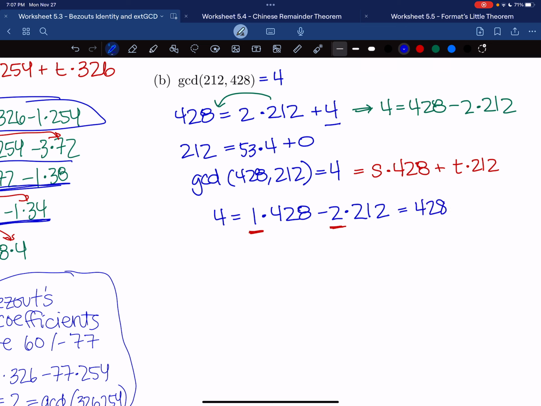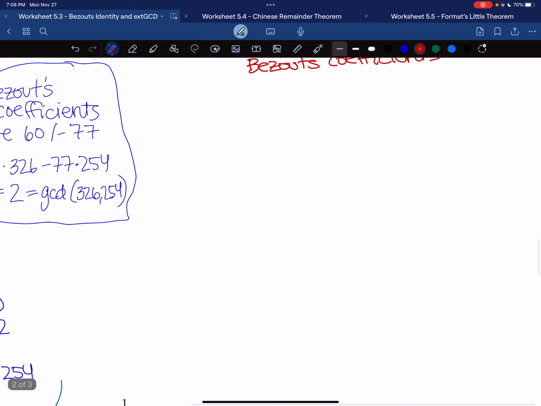We found it the first way around, minus 424, which is 4. Okay, so we can check that did work. And these guys right here, those are Bezout's coefficients. And that gave us a nice way to find them.